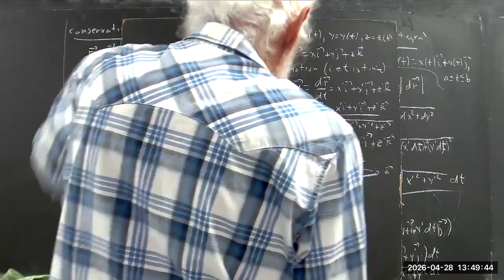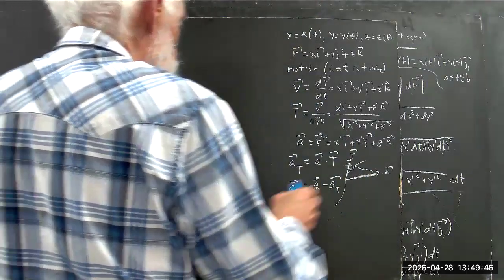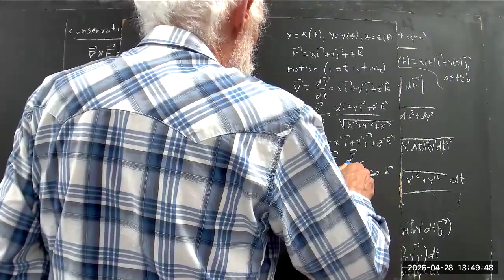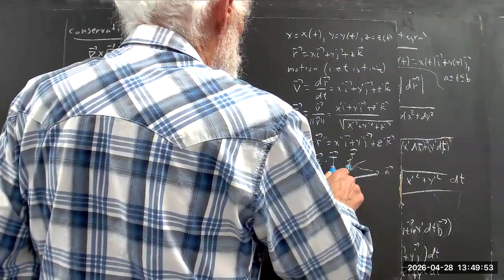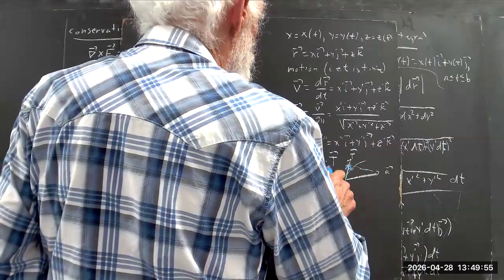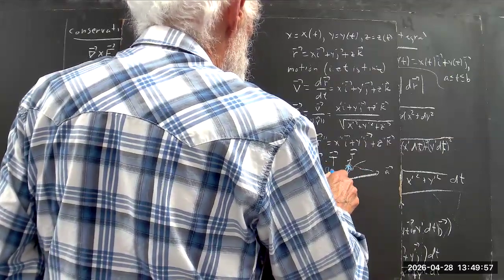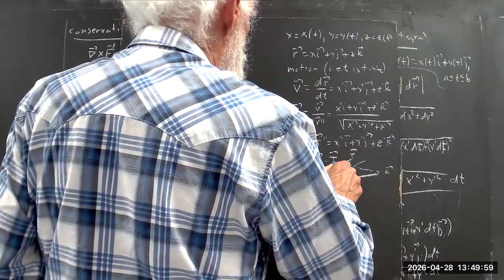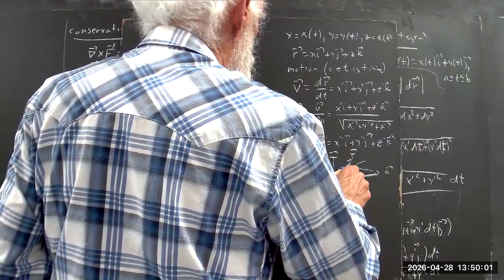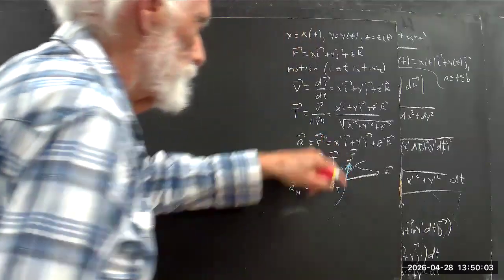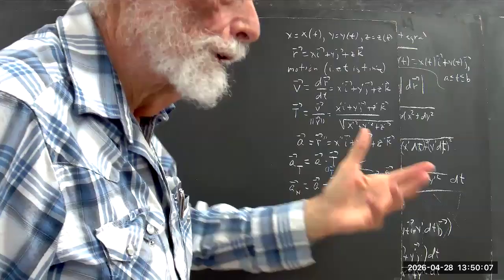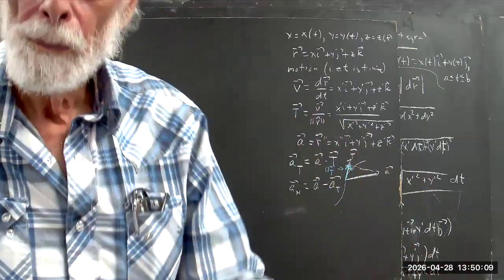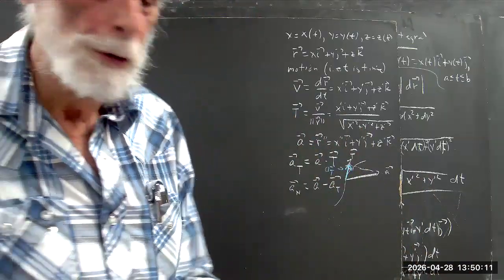You project, and here in blue is, I don't have a good place to label it, but I'll squeeze it in here. There's your component of acceleration in the direction of the tangent vector. That should be a pretty obvious picture to you.